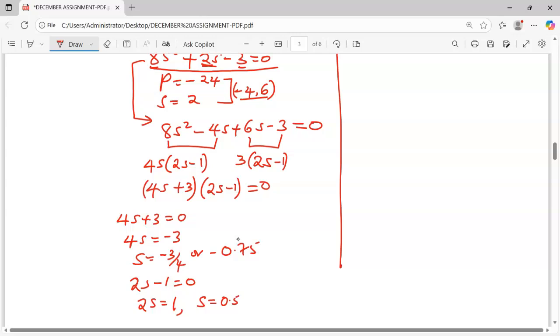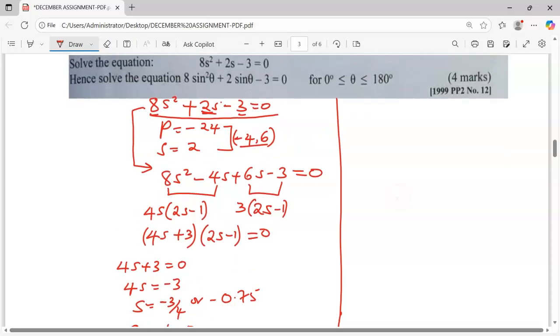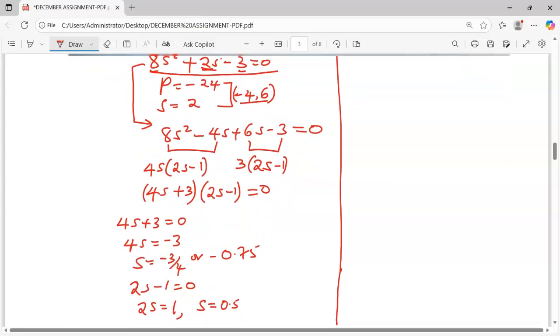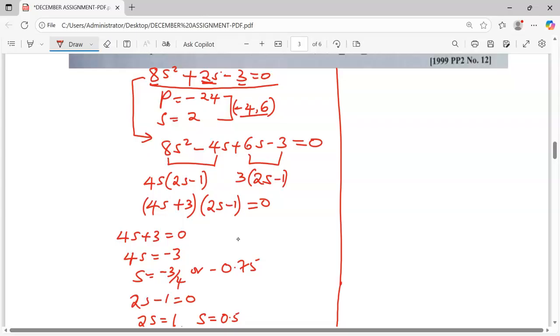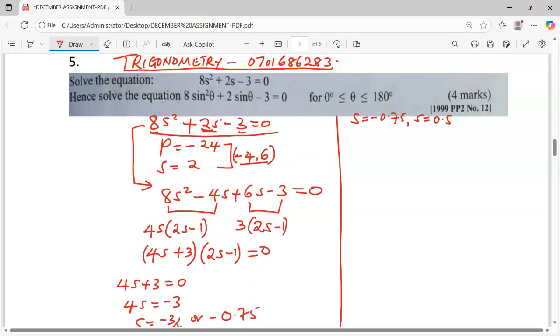Once again, we can now go back and refer to the unit circle, having gotten the values of s as negative 0.75 and s being equal to 0.5. We are going to first get the sin inverse of negative 0.75 and the sin inverse of 0.5.